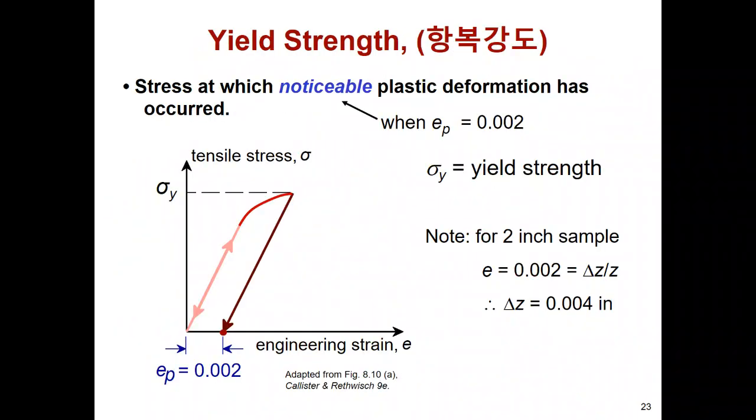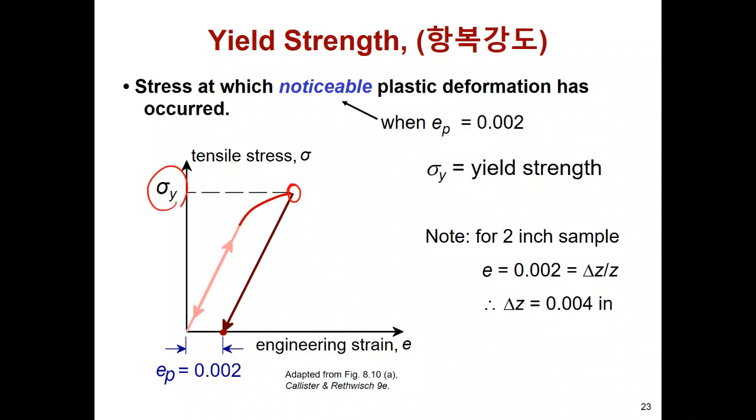The next important thing is yield strength. When the stress exceeds some specific value, this solid material will show plastic deformation. We have some criteria for that, which we call the yield strength.